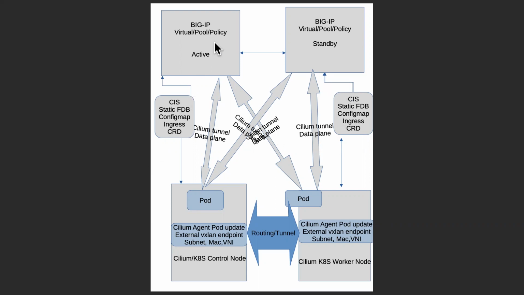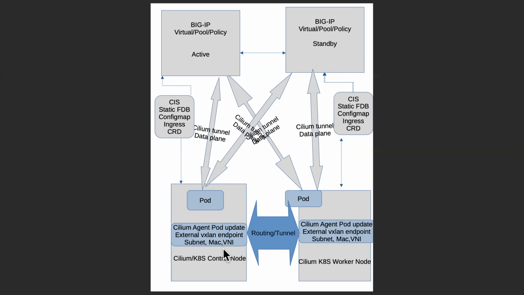Previously we had a diagram like this, with BIGIP for north-south load balancing to the Cilium pod, in VXLAN tunnel mode. So the data path is in VXLAN tunnel mode.